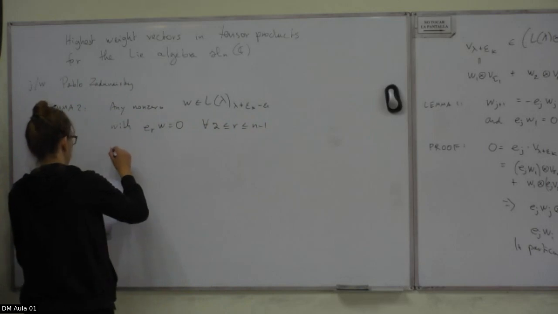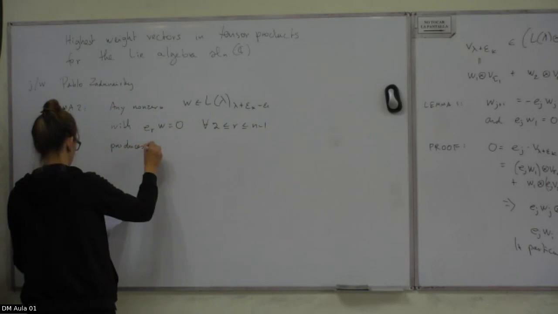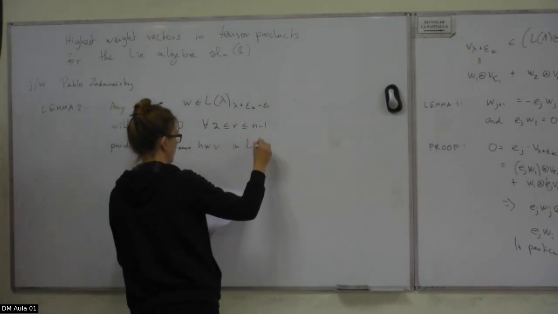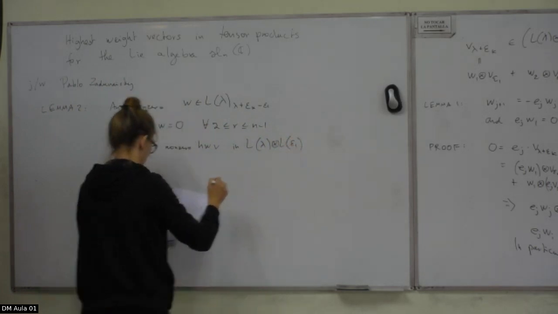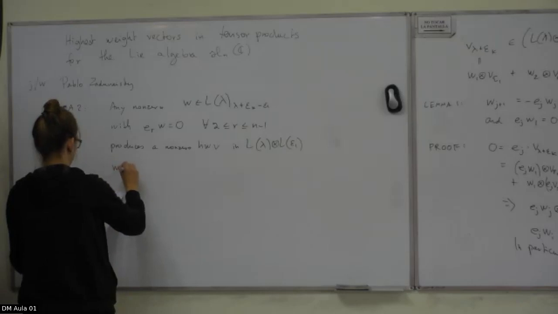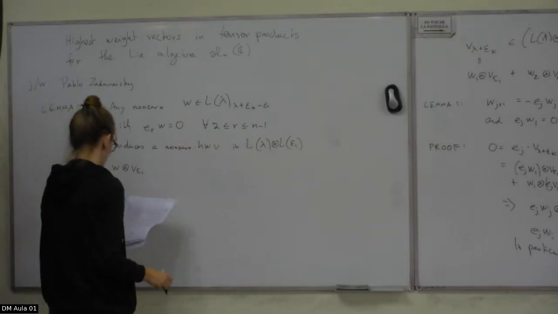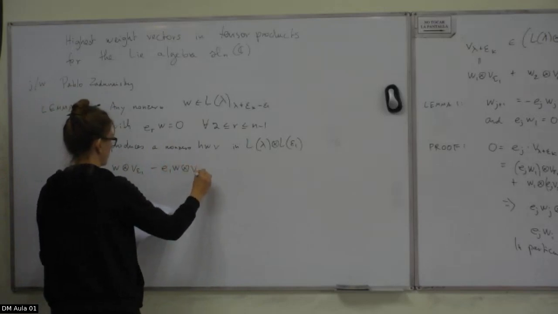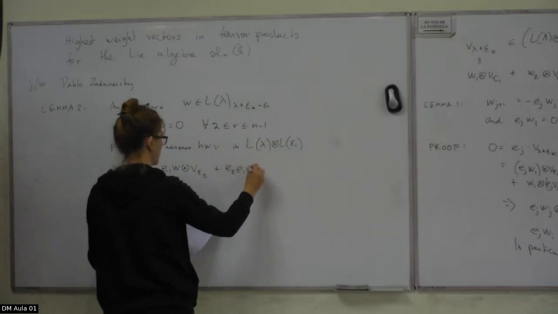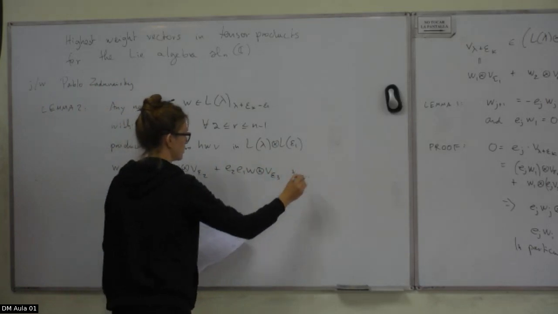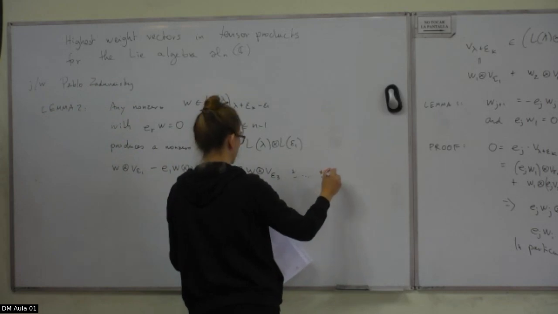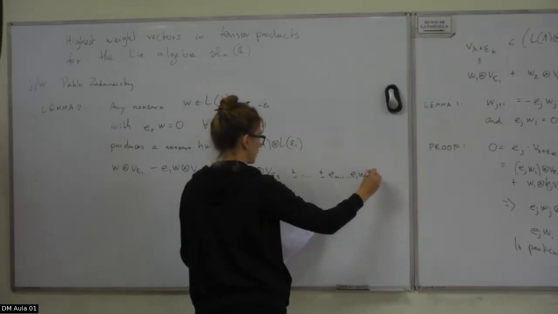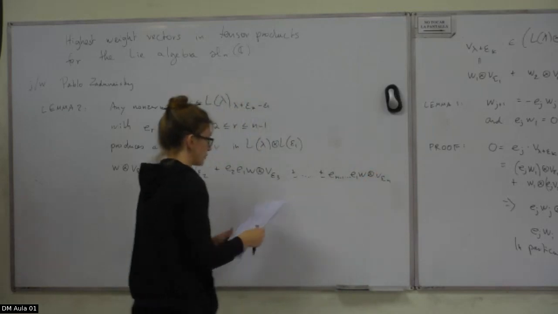And then we indeed find that such a vector produces also a non-zero highest weight vector in lambda tensor L epsilon_1 through that formula that we have concluded in the other lemma, which would be the alternating sum until we reach plus or minus e_{n-1}...e_1, n.